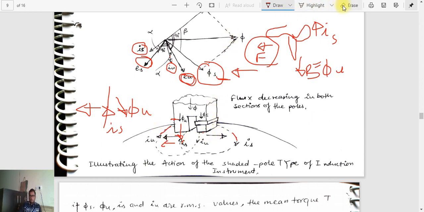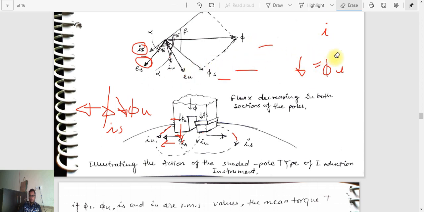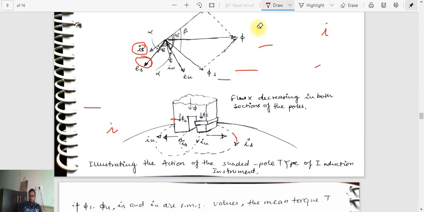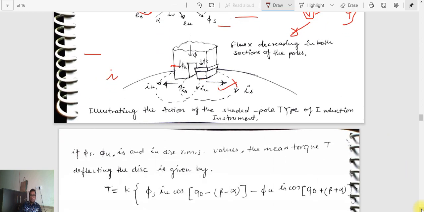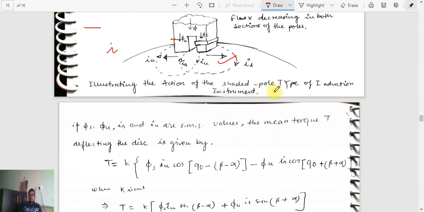For this you can check here, the phi s direction is down, I is in this direction, and then the force is like this. This is the action of the shaded pole type of induction instrument.